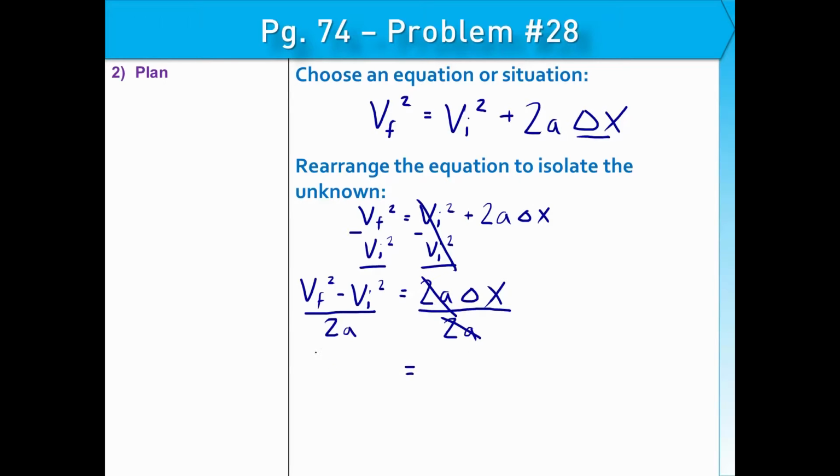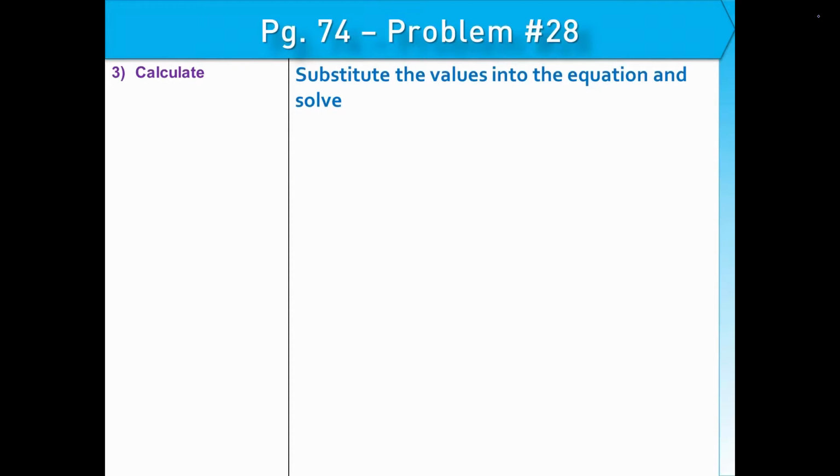So on the left-hand side, I'll be left with final velocity squared minus initial velocity squared all over 2 times acceleration, and that will be equal to displacement. So I'm going to rewrite my equation one more time. Final velocity squared minus initial velocity squared all over 2 times acceleration equals displacement.